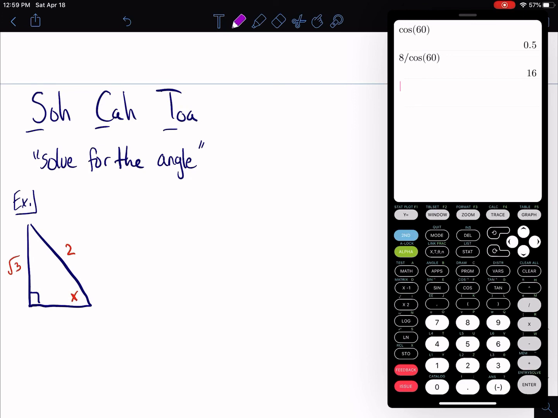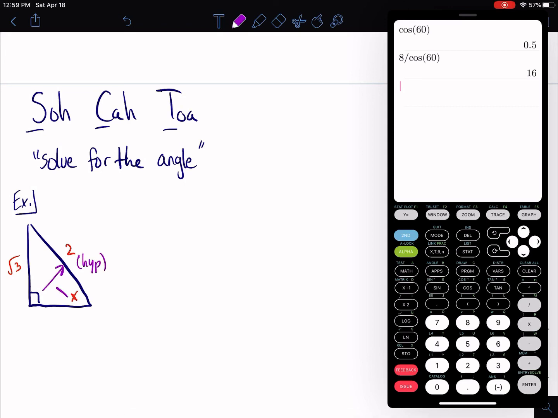Okay, so let's look here, and the first thing that we're going to look at is radical 3. I've got a 2, and I've got an X. So the first step, again, as always, is label your sides. There's my 90-degree angle, and across from the 90-degree angle is always going to be my hypotenuse.